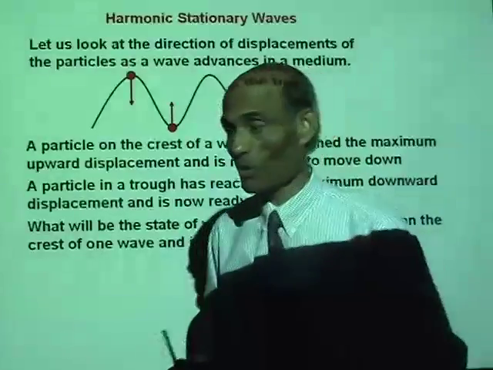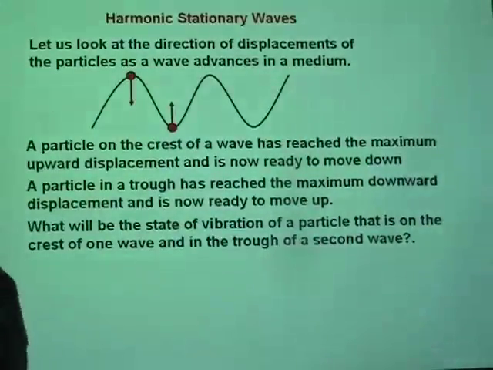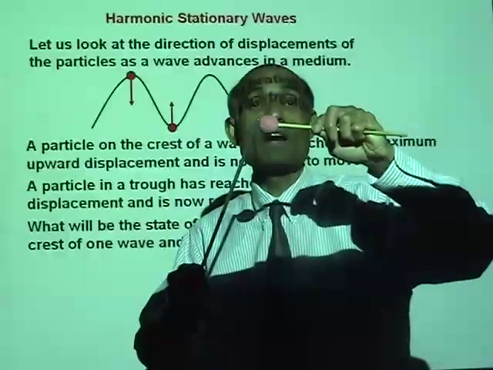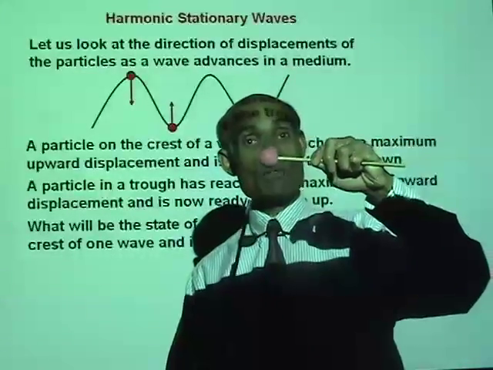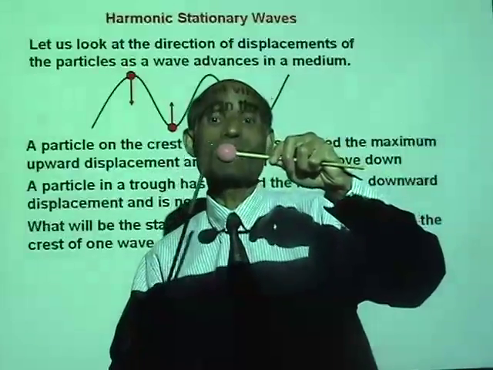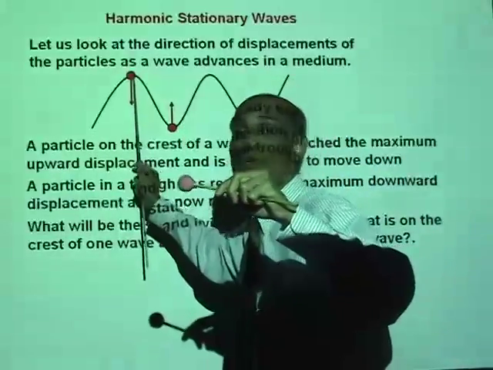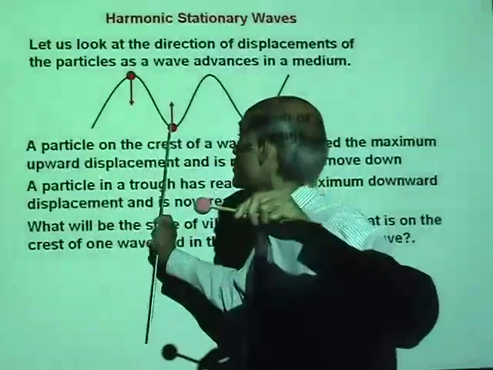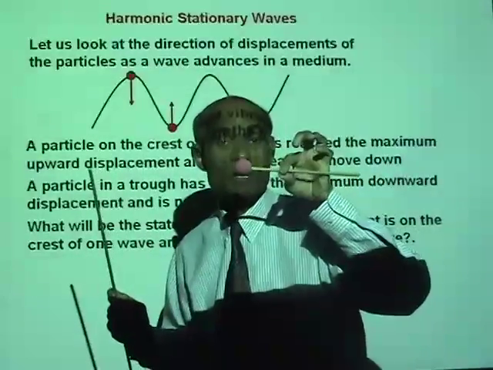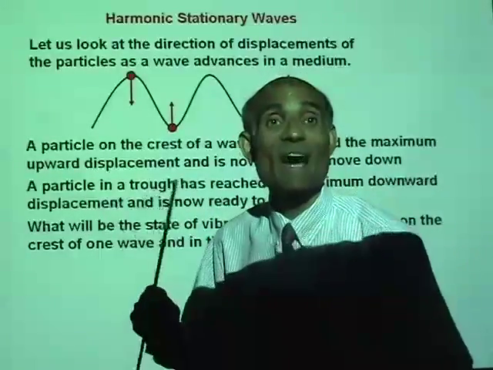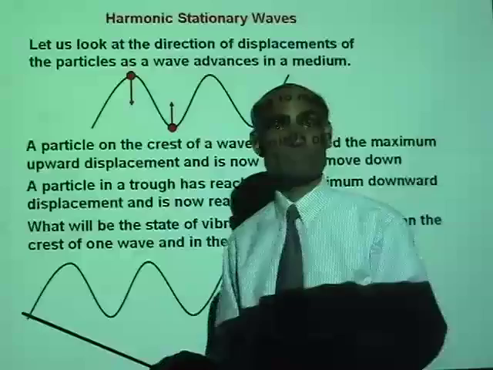If this particle is on the crest of one wave and the trough of the other wave at the same time, that means wave 1 will want this particle to move down, wave 2 will want this particle to move up. What will this particle do? Well, it will not move. It will stay at the equilibrium position.